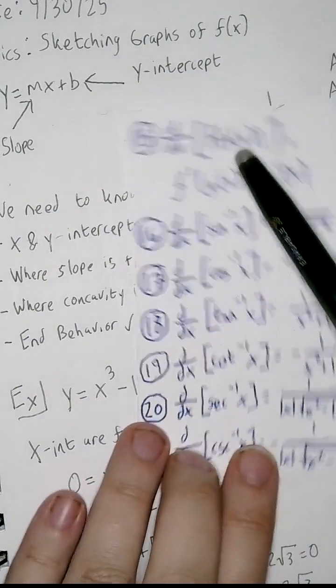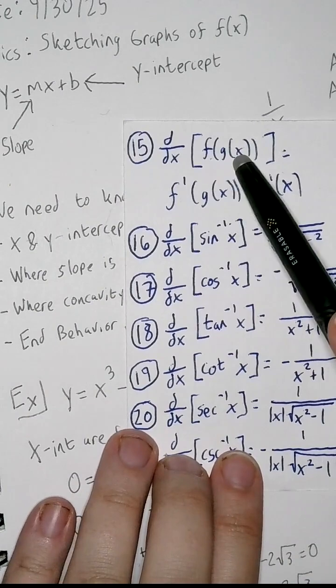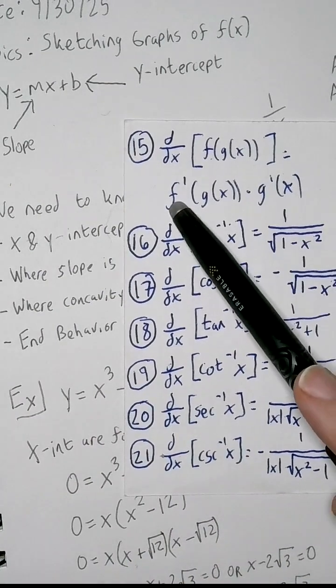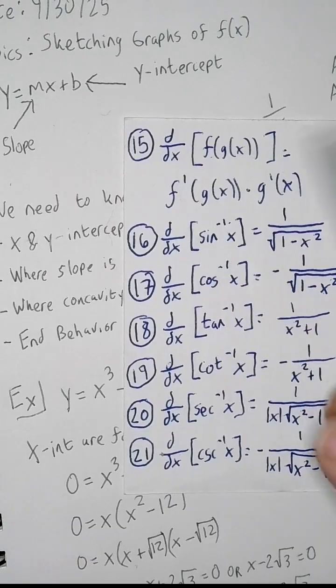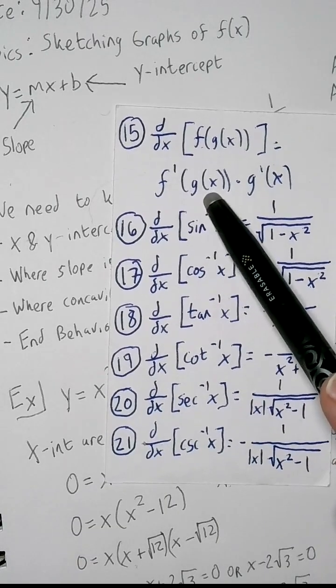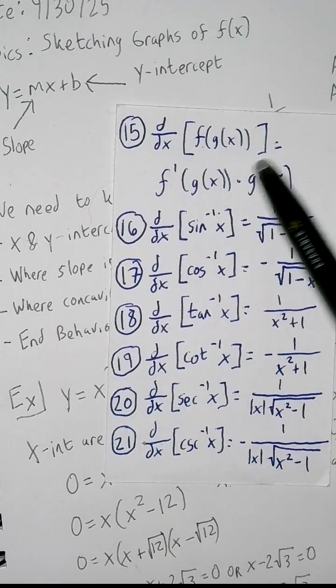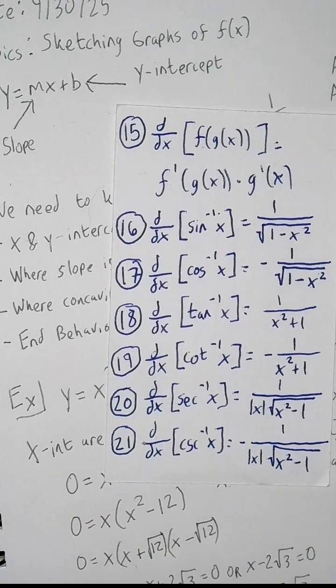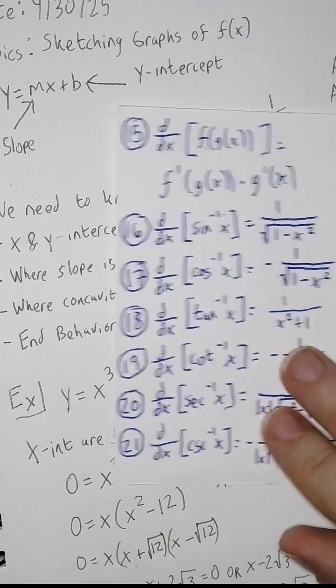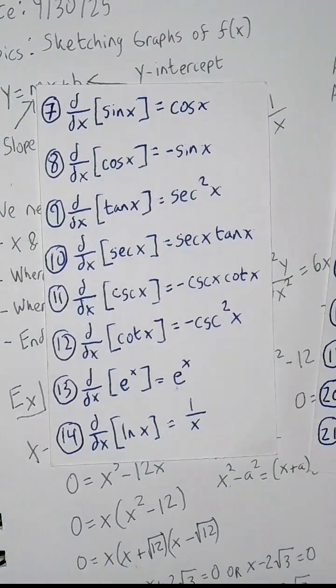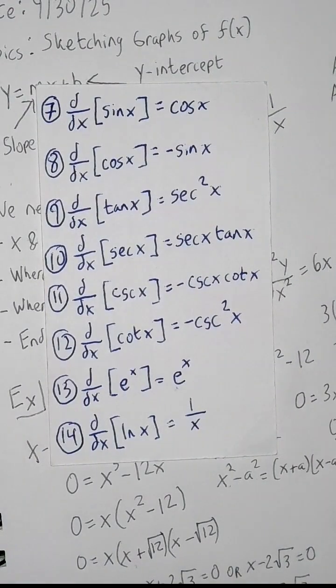So if I have a function trapped inside another function, I take the derivative of the outer function and leave the inside alone, and then I multiply it by the derivative of the inside. Are you struggling with trig ones? Are you using them? Because if you are, I have my trig derivatives here too, if you want to take a photo of that quickly.